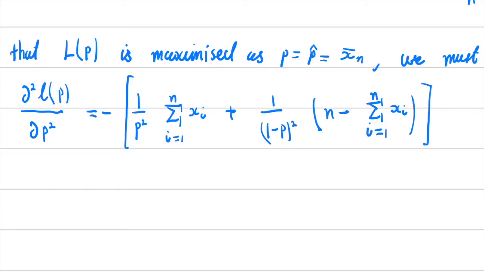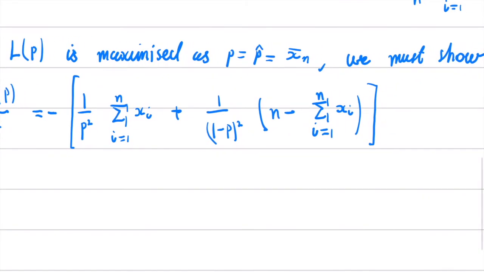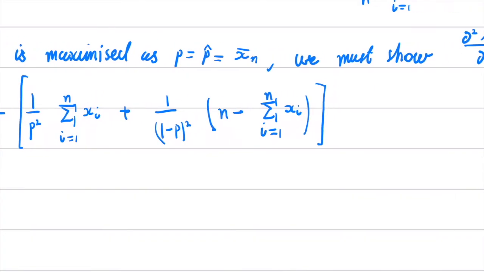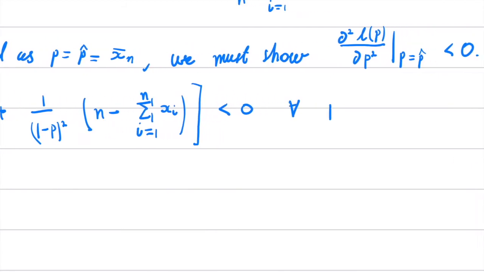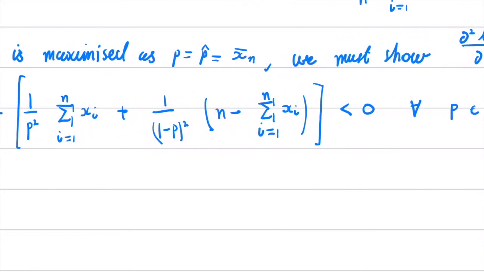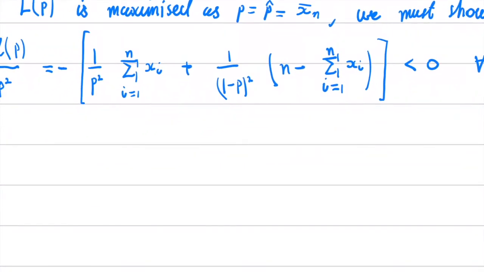Now, this is where it becomes interesting. So I'm going to claim in general that this is less than 0 for all values of P. No matter what the value of P is, I'm going to say that it's negative. Now, how can I say that? Well, I'm going to have a look at everything. This particular expression here, 1 over P squared, is greater than 0.